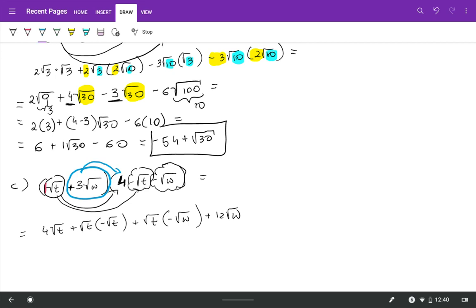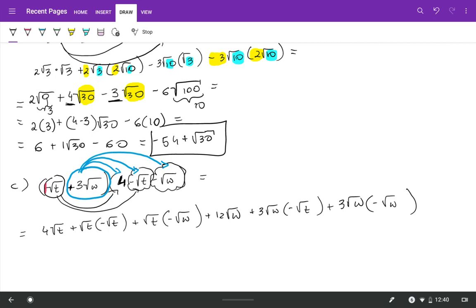Then we have 3 square root of w times negative square root of t. So let me show work. Plus 3 square root of w times negative square root of t. And the last one, plus 3 square roots of w. We're going to multiply that by negative square root of w.